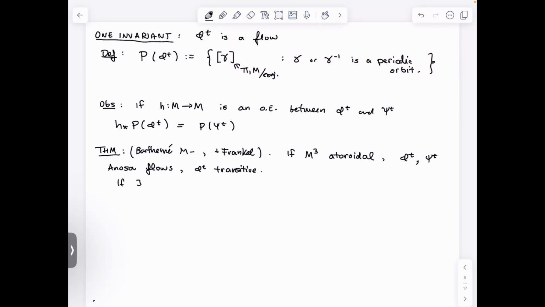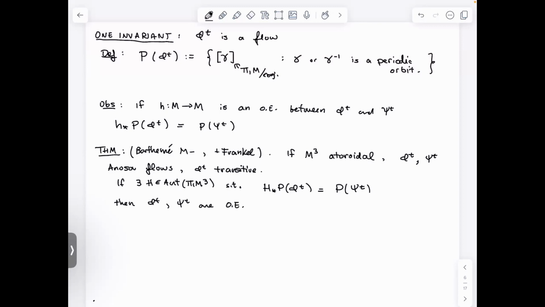If there exists some automorphism H of the fundamental group of your three manifold, so that H of the periodic data of one flow is equal to the periodic data of the other flow, so there's a reduced map on conjugacy classes, then phi, psi are orbit equivalent.